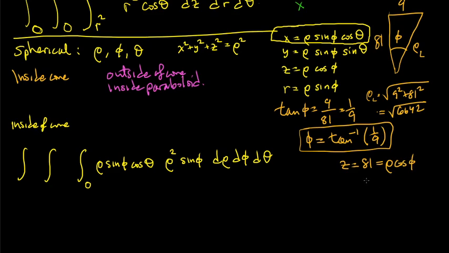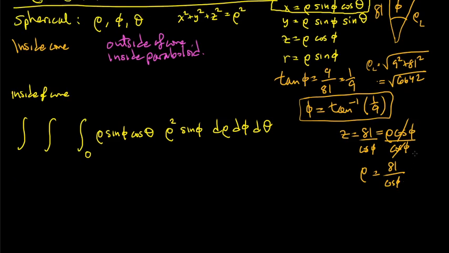But we're looking for rho, so let's just divide by cosine phi. Rho is going to equal 81 over the cosine of phi. I would prefer to write 1 over cosine, which hopefully you remember is just secant. So rho is 81 times the secant of phi.